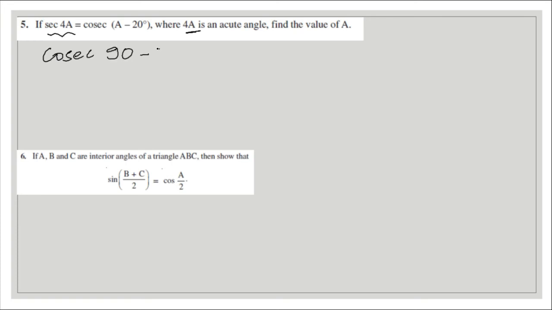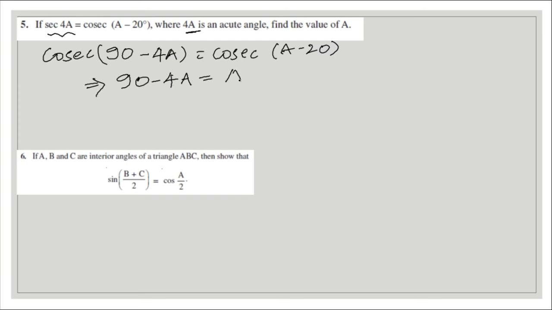So cosecant 90 minus 4A equal to cosecant A minus 20. So 90 minus 4 times angle A will become equal to A minus 20 degree. This implies 5 times angle A equal to 110. Angle A becomes equal to 22 degrees.